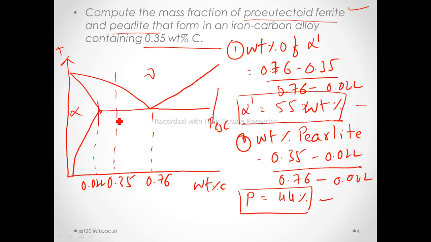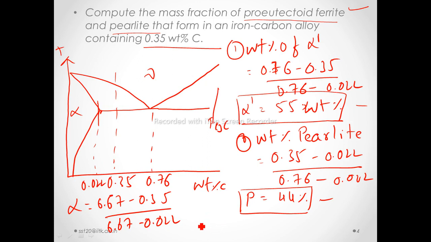Considering the whole length, total alpha ferrite can be calculated as (6.67 minus 0.35) divided by (6.67 minus 0.022). This is the total amount of ferrite present in this microstructure.